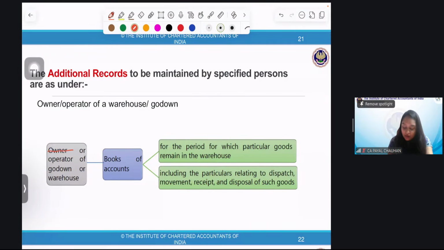If I am an owner or operator of a godown or a warehouse, then books of accounts for the period for which particular goods remain in the warehouse. We had an example just now: if the goods are with me for 3 months, I'll maintain the records for 3 months only, including particulars relating to dispatch, movement, receipt, and disposal of such goods, which should be item wise and owner wise.